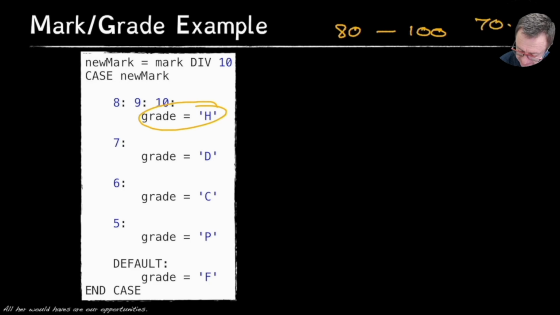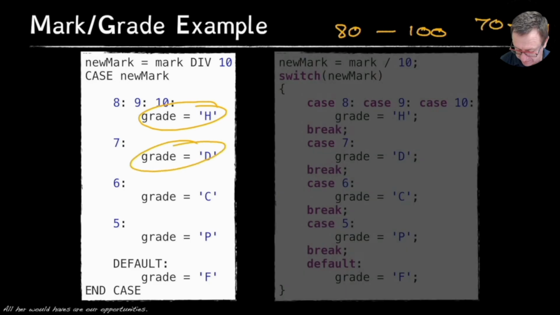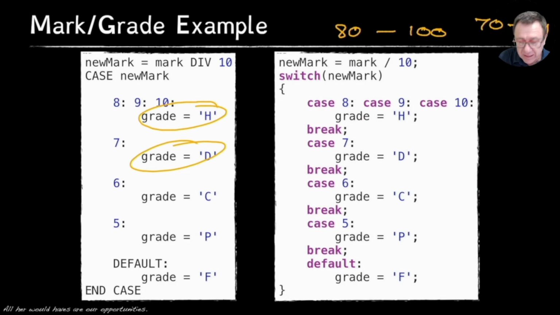From 70 to 79 is this one. So we can use a bit of a cheat. We divide it by 10 and we're sorted. Case 8, 9, and 10 gets a high distinction. So this has been pretty full on kind of stuff that we're looking at, but this is the foundation within programming for making decisions.